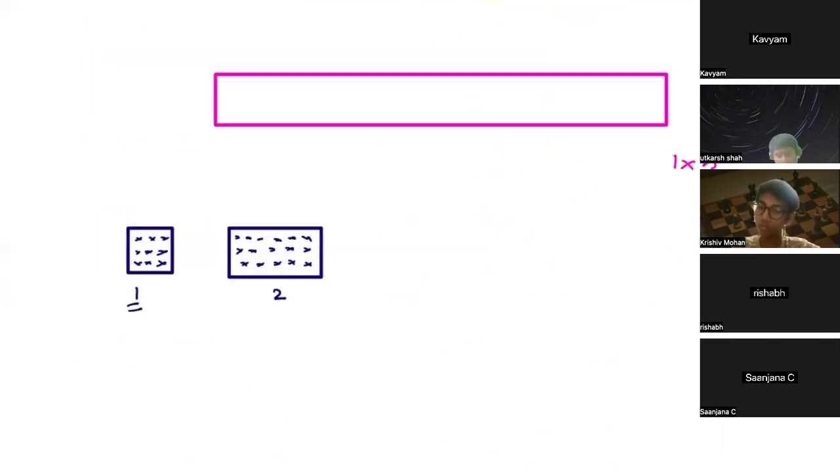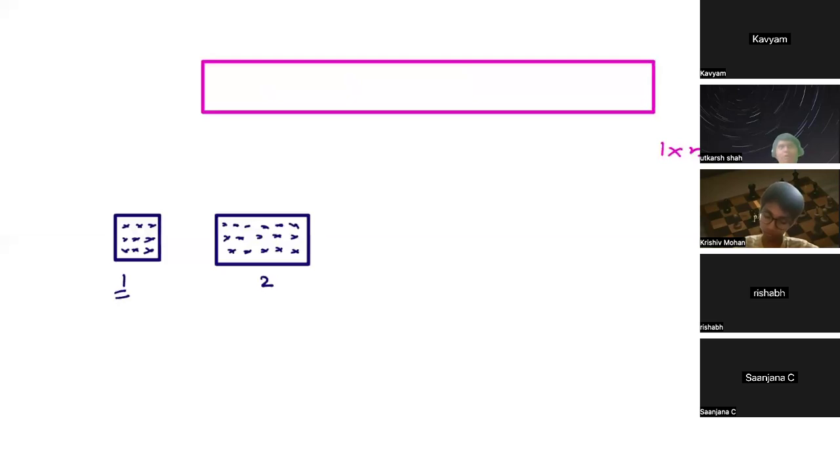I'm giving you the same question, but this is 1 cross 3 and this is 1 cross 2. Now you have to make a recursion on this. I hope you all understand the question. This 1 cross n strip we have to fill with 1 cross 1 or 1 cross 3 tiles. For that, we have to make the recursion.